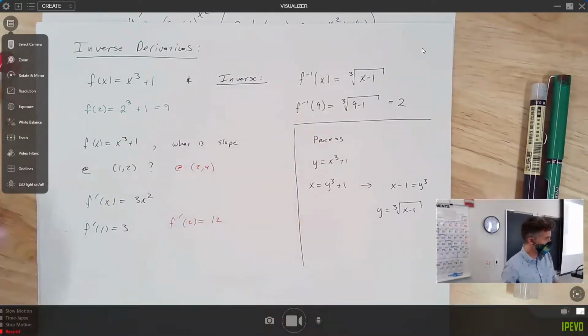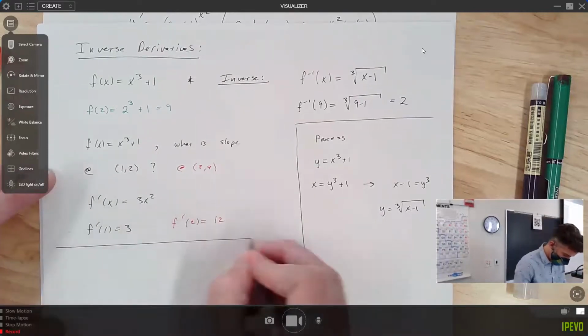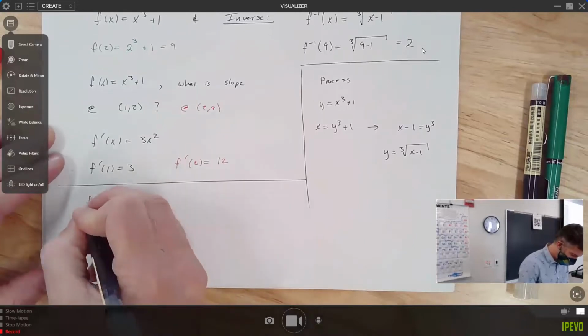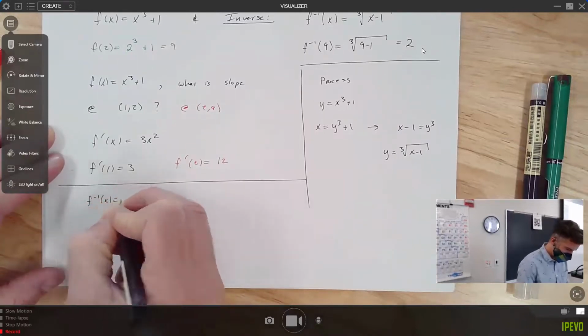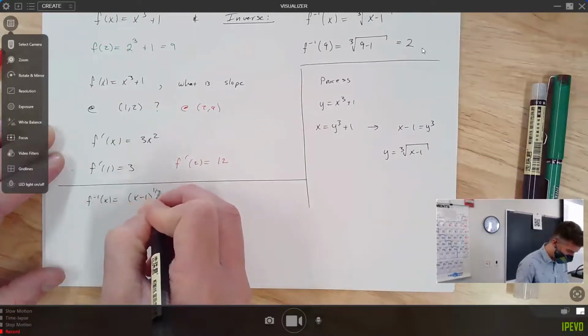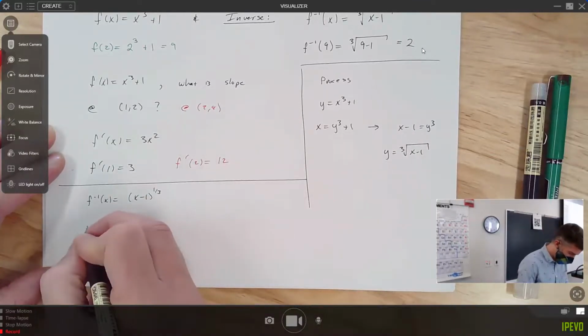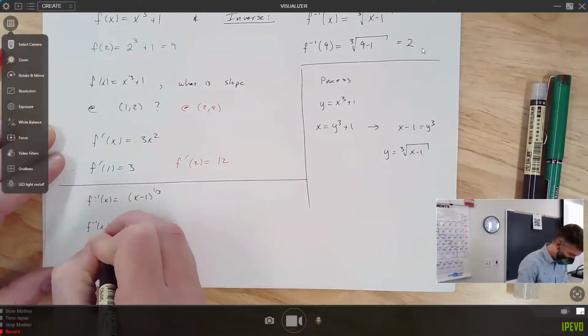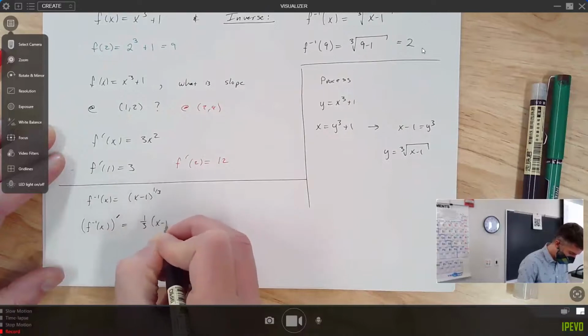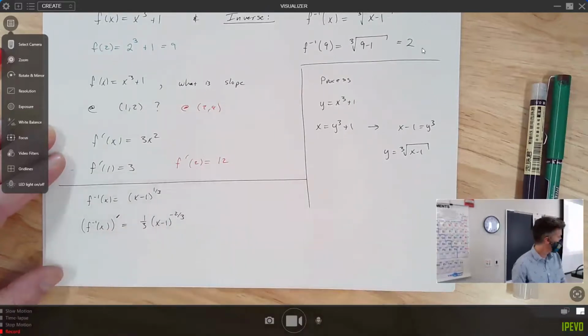For the inverse function, f inverse of x is going to be x minus 1 to the 1/3 power. And the derivative of the inverse function is 1/3 times x minus 1 to the negative 2/3.